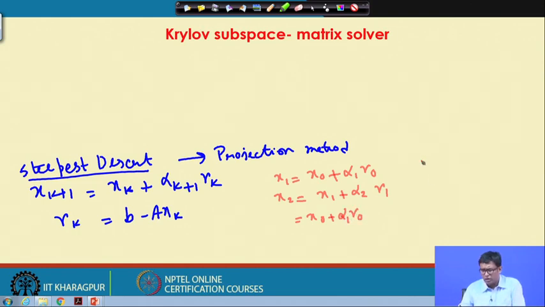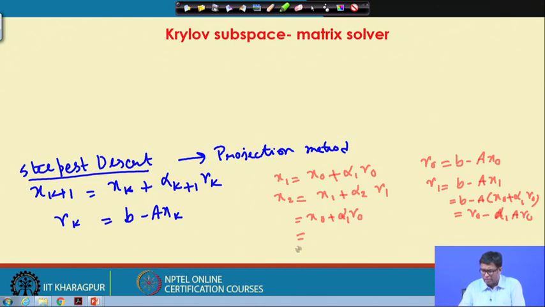And what is r 1? r 0 is equal to b minus A x 0. r 1 is equal to b minus A x 1, which is b minus A into x 0 plus alpha 1 r 0, which is b minus A x 0, that is r 0, minus alpha 1 A r 0.